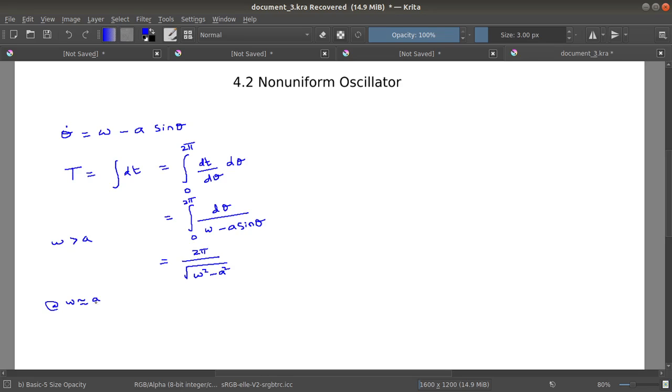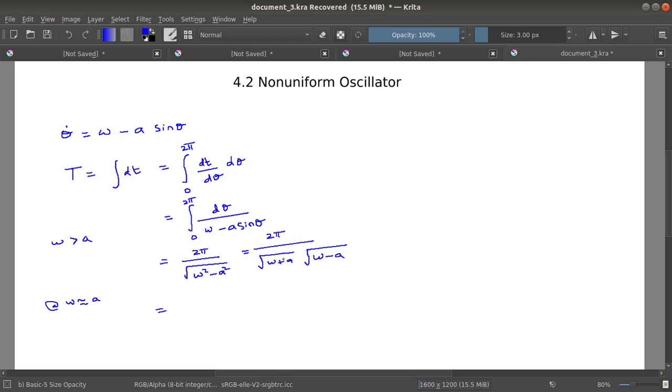At that time, what is the time period? We could rewrite this equation as 2 pi divided by root of omega plus a, times root of omega minus a.